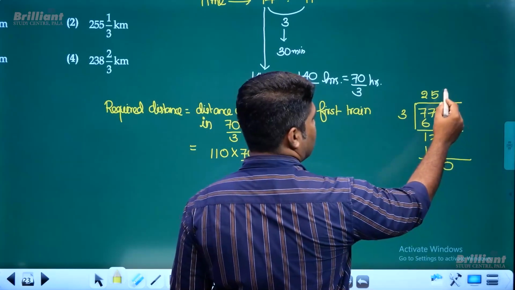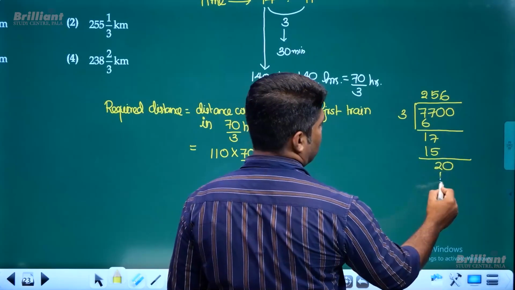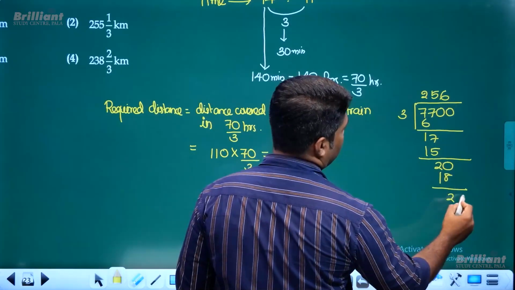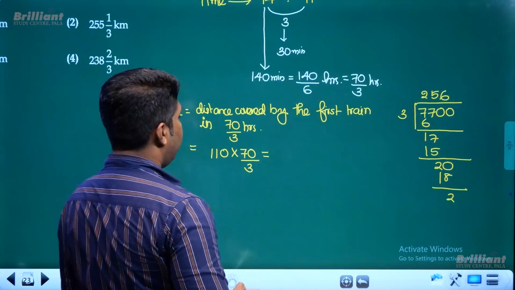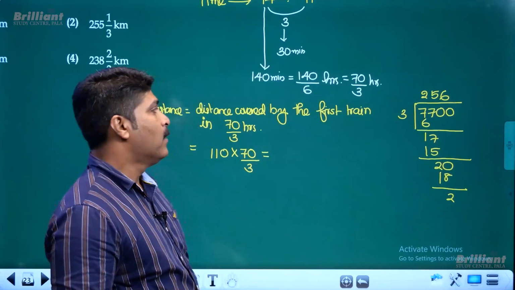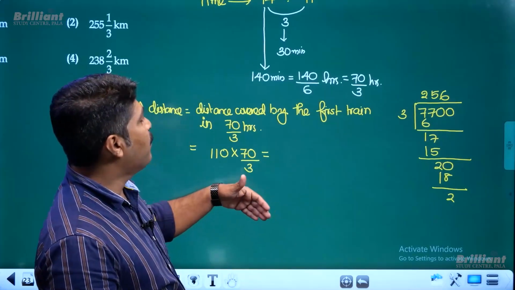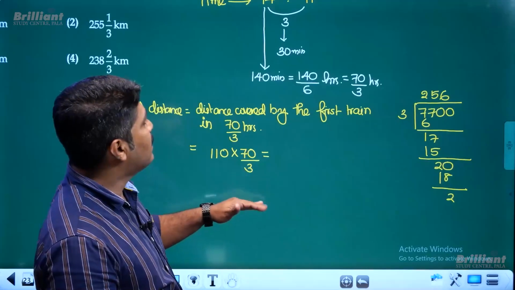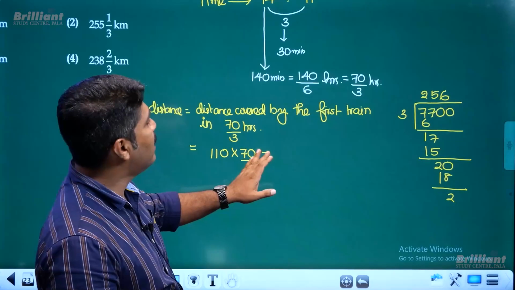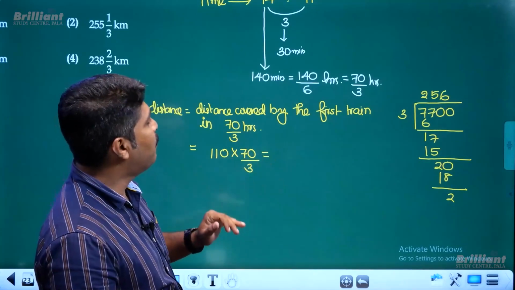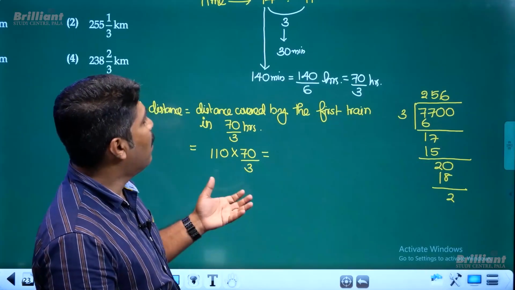So this is 6 times here, that is 18. Then 2 is there, or 20 is there. Got it? Like that we have to consider. So this is 140 by 6 hours, 140 minutes, 140 by, okay.